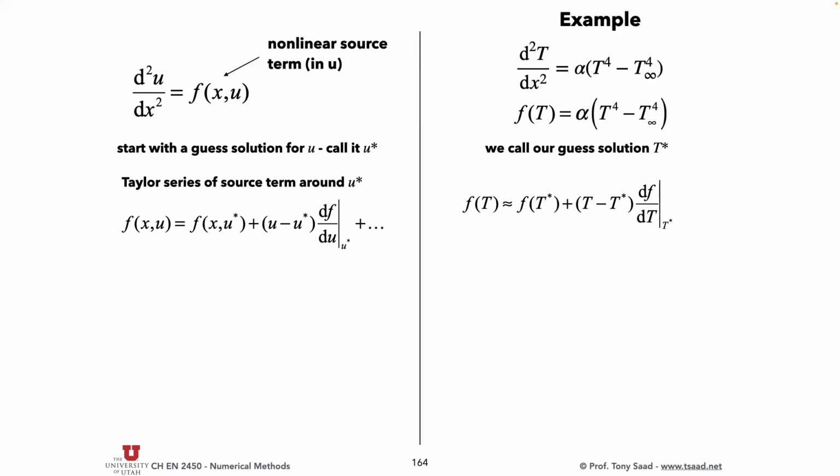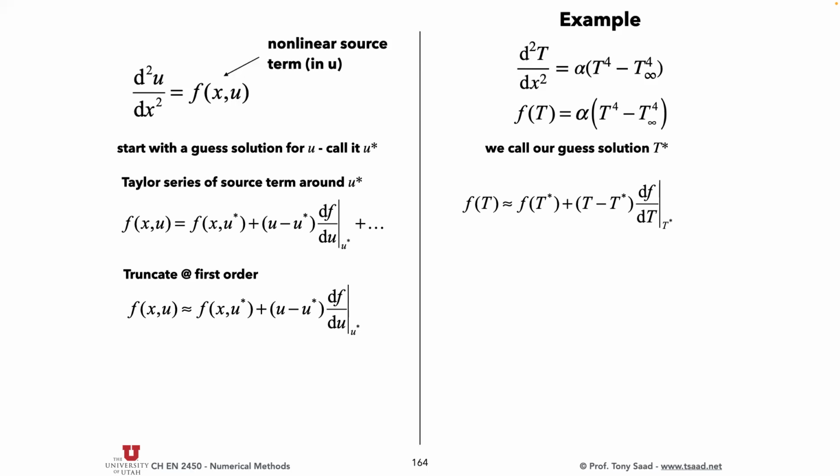We're going to start with a guess for those, and then improve that guess. We're going to keep iterating until u star and u are equal. That's our objective. That's how we're going to find the solution. We're going to truncate at first order, like I just said. The other one is already truncated at first order.